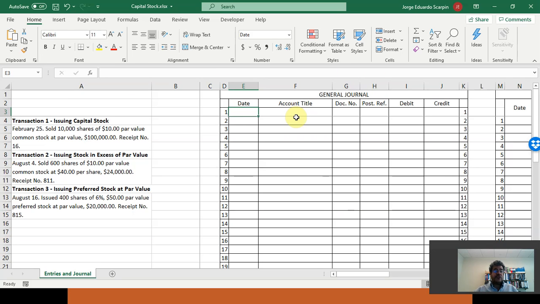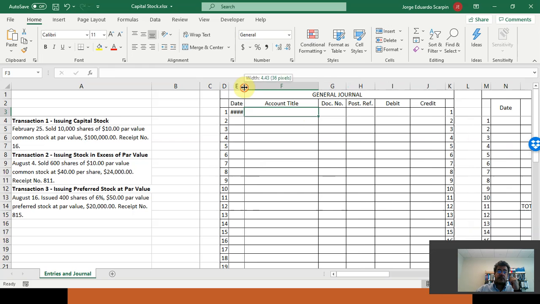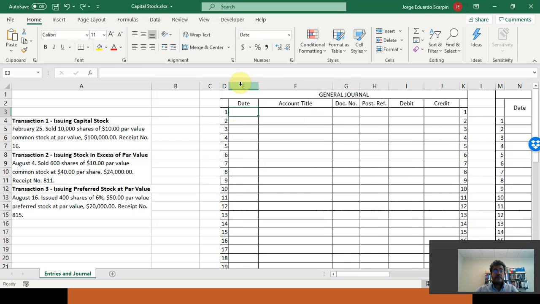Transaction 1, issuing capital stock, February 25th. So we are issuing, so we are receiving money, so debit cash on document receipt 16.